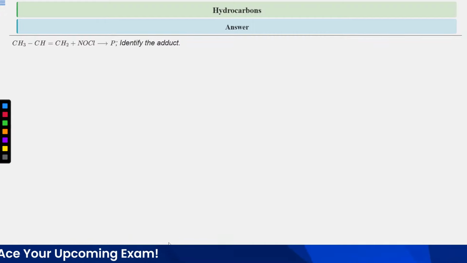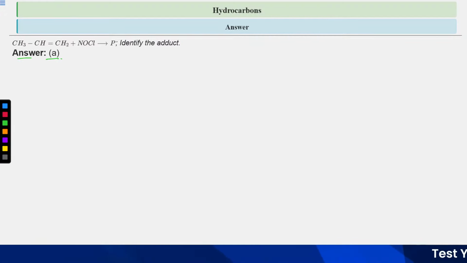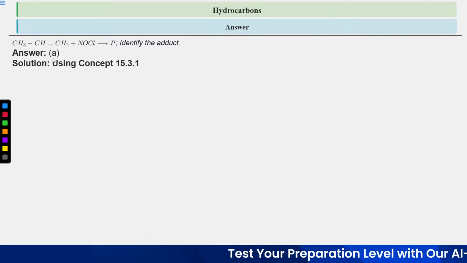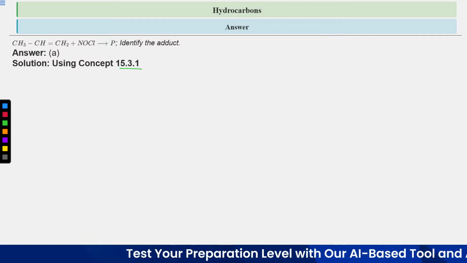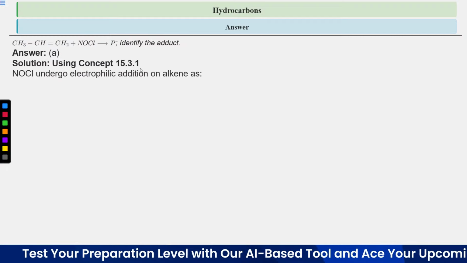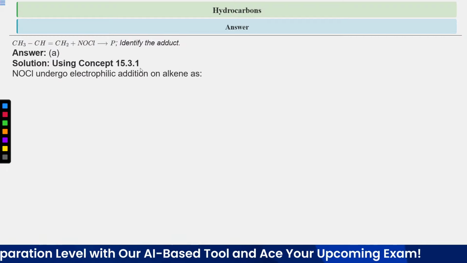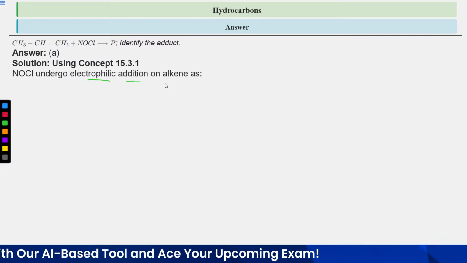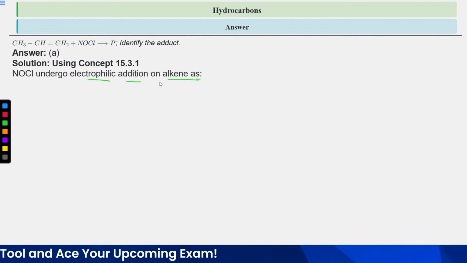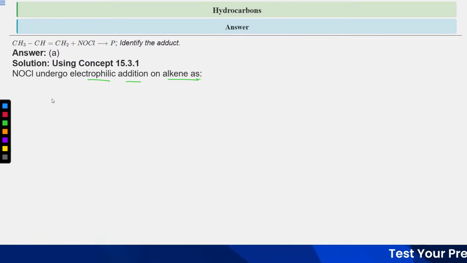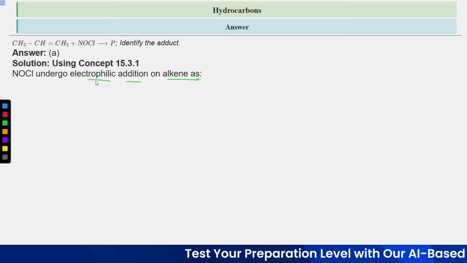For the given question, the correct answer is option A. Now, using concept 15.3.1, NOCl undergoes electrophilic addition on alkene. In the given reaction, you can see that NOCl is reacting with the alkene by an electrophilic addition reaction.